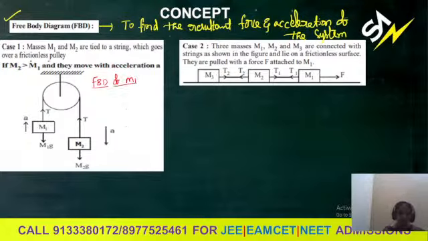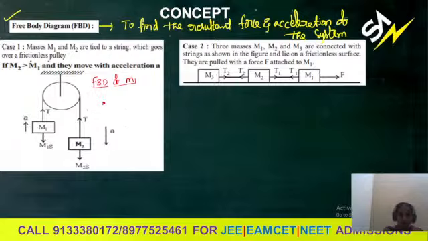So we just draw in the free body diagram direct forces acting on the object. Balanced forces will cancel each other, only acting forces in the direction of motion. What are the acting forces we draw?